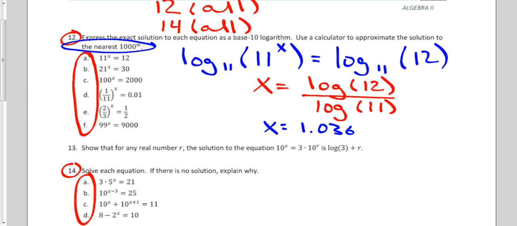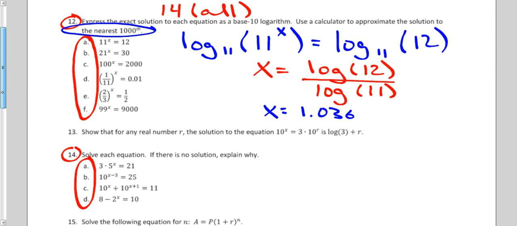So when you do letter B, you plug your answer back into 21 to the whatever you got in your answer. If you get 30, you know you did it right. If you don't get 30, you know you got some work to do. That makes sense? So you have a way to check your own work.